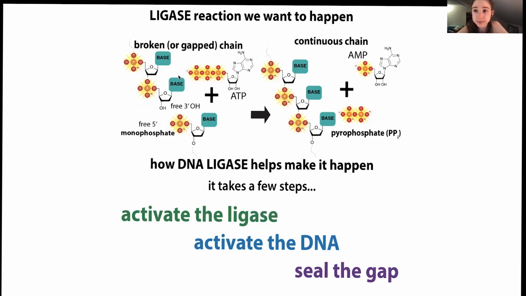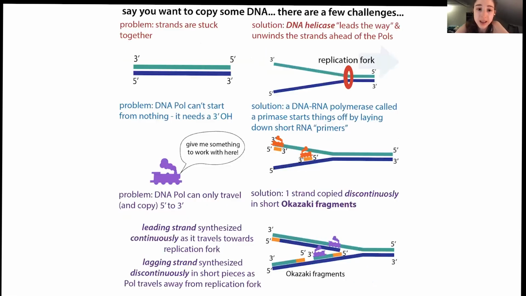This comes into play both in our bodies and in the lab. And so in our bodies, when we're doing our DNA copying, so our replication, you have two strands of DNA and they're copied. The DNA polymerase, the enzyme that we just talked about, can only go in one direction.